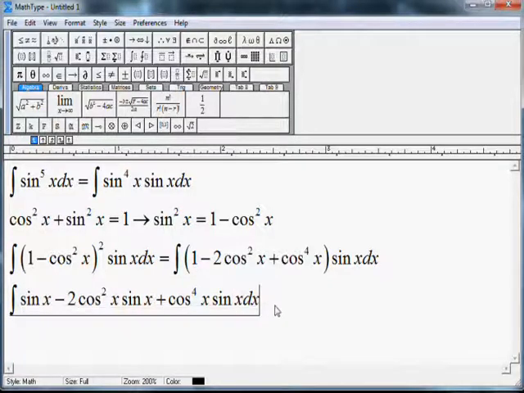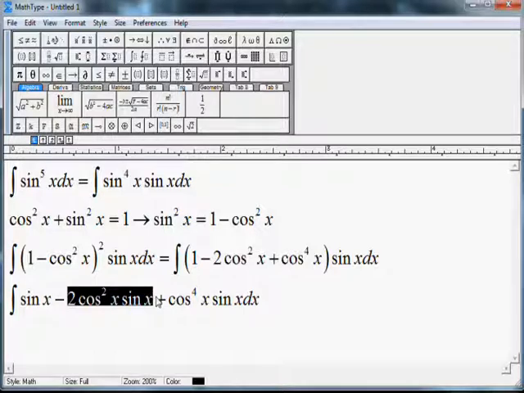Okay, now this is the reason why we pulled out one sine and made the rest even. If this was a 7, we would pull out one sine again and make this to the 6th power. That's because we use the sine in the du. In this integral, because this is 3 integrals right here, in this one, obviously it's negative cosine.